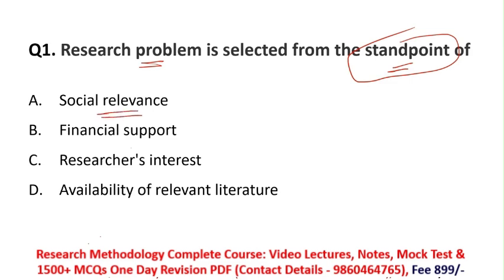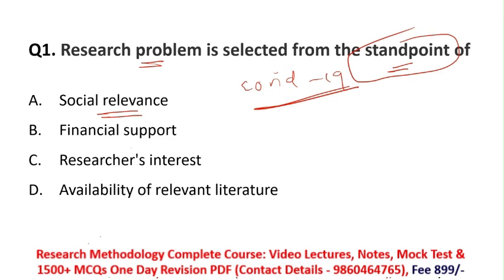Social relevance. Yes, if you are selecting your research problem, it should be beneficial to the society. For example, I'm doing research on COVID-19. Whatever my result will be, that result should be beneficial to all the population.